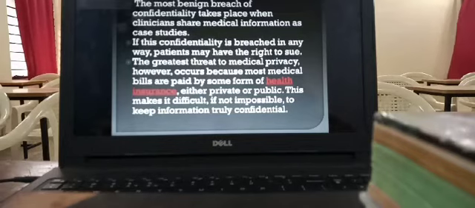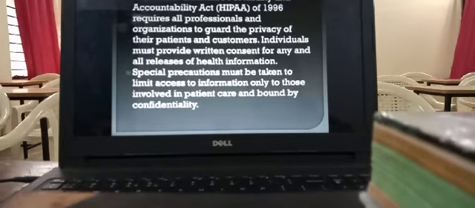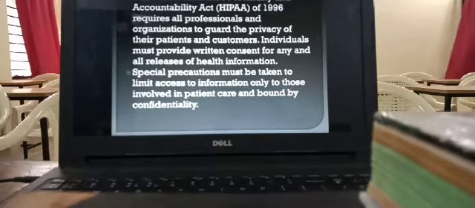However, the Health Insurance Portability and Accountability Act of 1996 made it mandatory that all information regarding patients and customers should be released only with the patient's consent. Being in the hospital sector, we must take special precautions to safeguard the patient's information with confidentiality and also security.